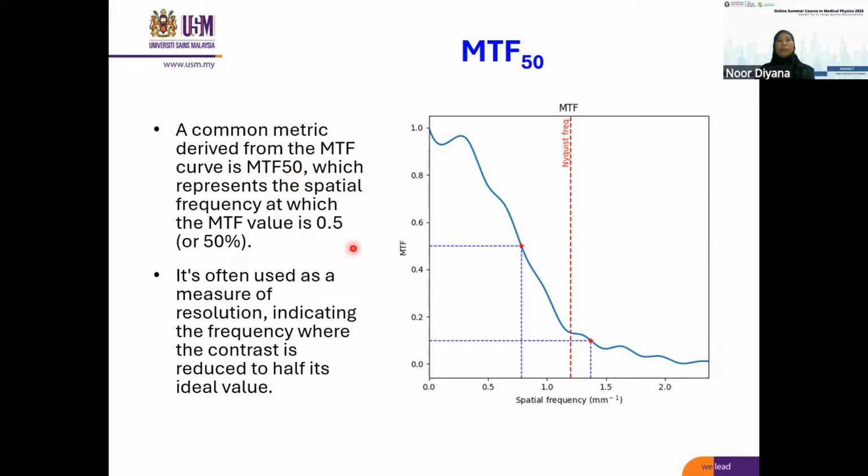It represents the spatial frequency at 50% MTF, so it is often used to measure resolution, indicating that the contrast is reduced to half of its ideal value. The ideal value is 1, and at MTF 50 the contrast is 50%.